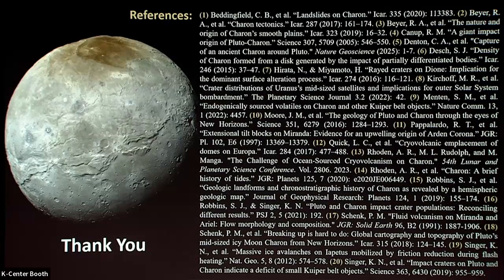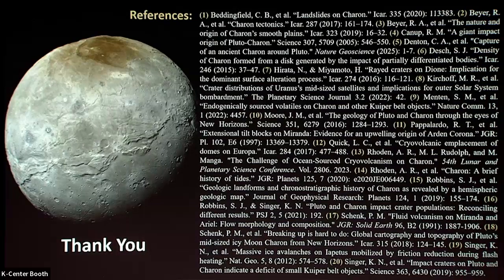So Chloe didn't include a conclusion slide, so I'm going to just wax philosophic for a few minutes and then open this up for discussion. I think there are some really interesting puzzles with Charon, because it's been difficult to connect the geology that we see, in terms of fractures and canyons and extensional features, and then the cryovolcanism, with a consistent internal evolution and orbital history.